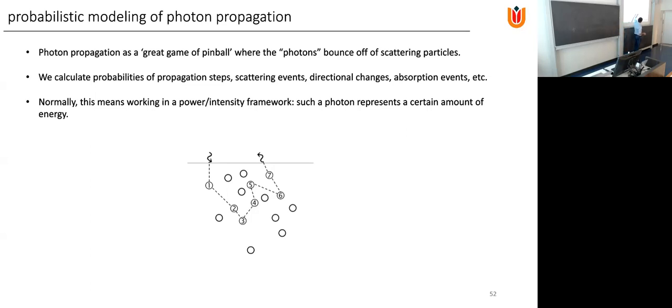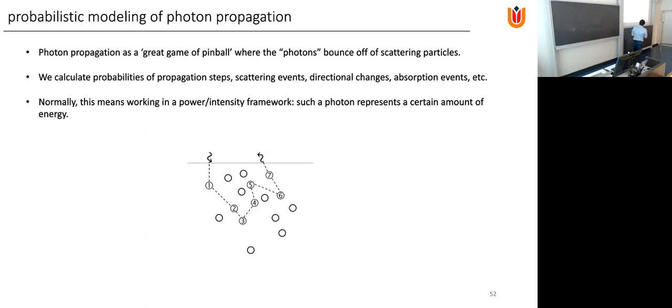from incidence to detection. If you repeat that a lot of times, just like the sticks, you can count how many photons in the end make it out of the tissue, and from that you can estimate, for example, the reflectance of the tissue.